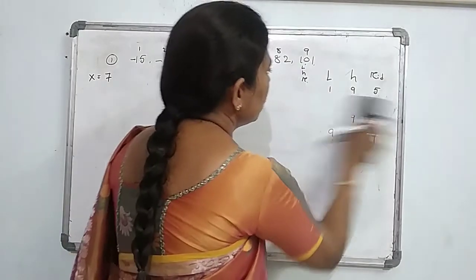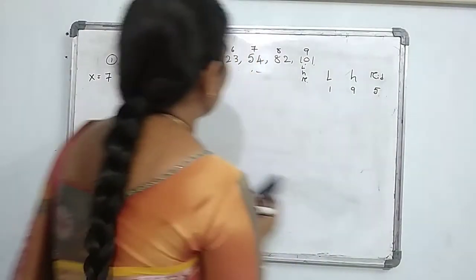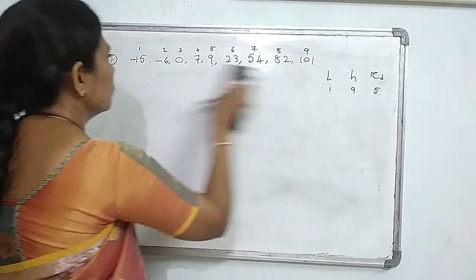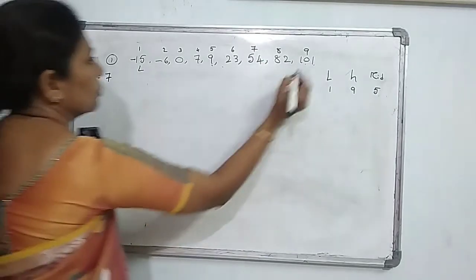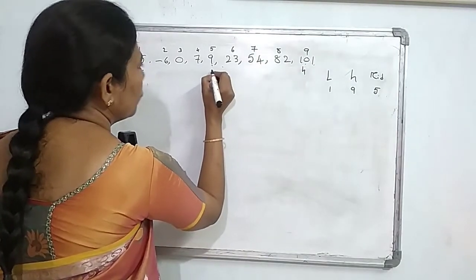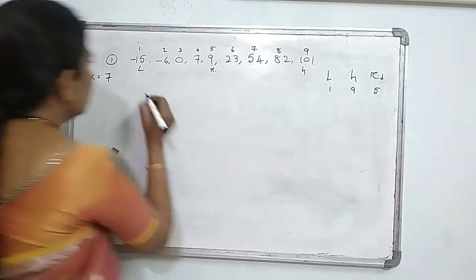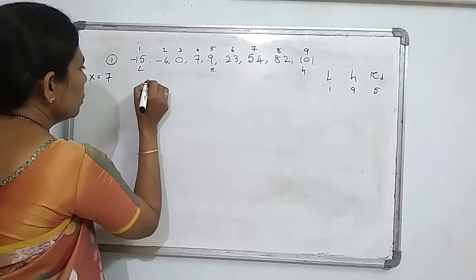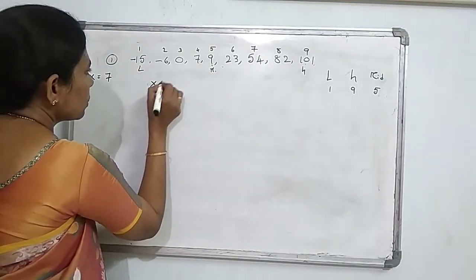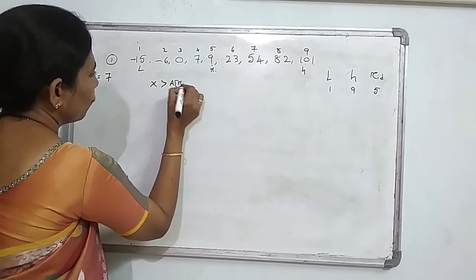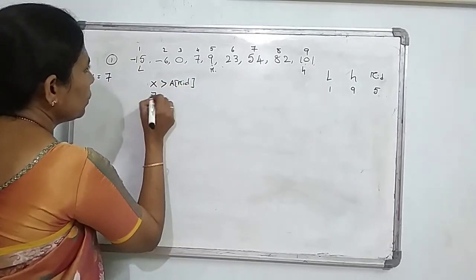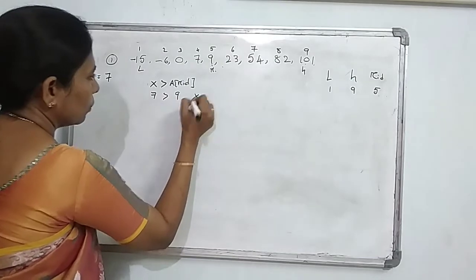In that, the low, high and mid are the same. This is the low, this is the high, and mid is 5. Now compare x greater than a of mid: 7 greater than 9? Wrong.